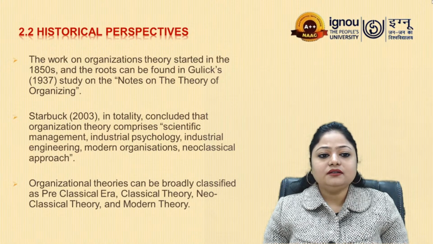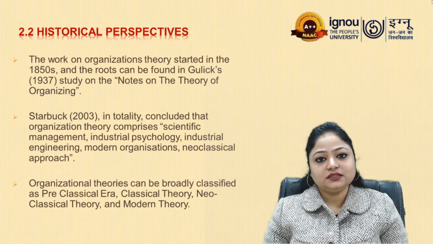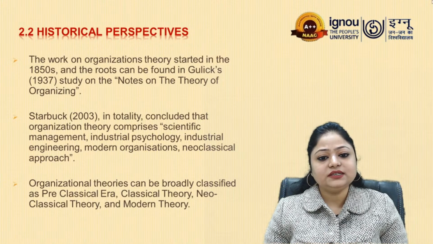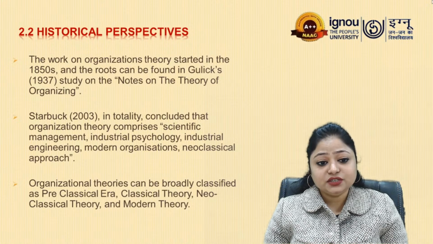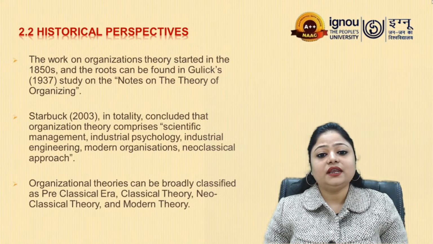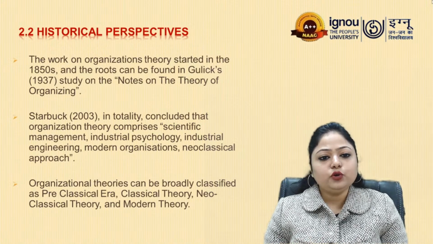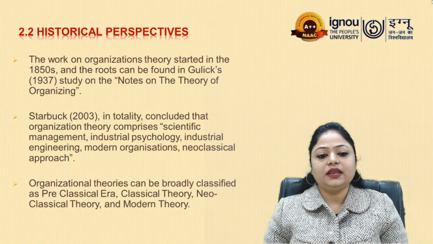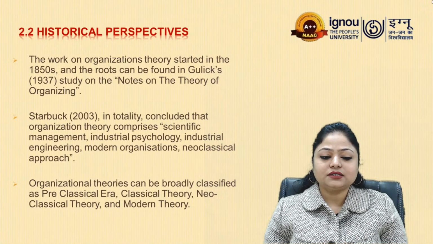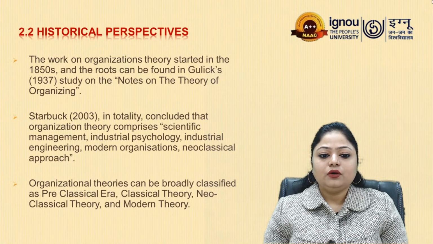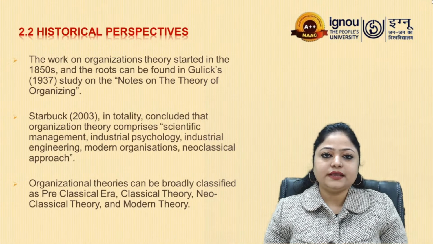Then Starbuck in 2003 in totality concluded that organizational theory comprises of basically scientific management, industrial psychology, industrial engineering, modern organization and neoclassical approach. So these are the various eras or viewpoints through which we can view an organization or understand it. So basically we are here discussing the broad classifications of the entire development of organization.